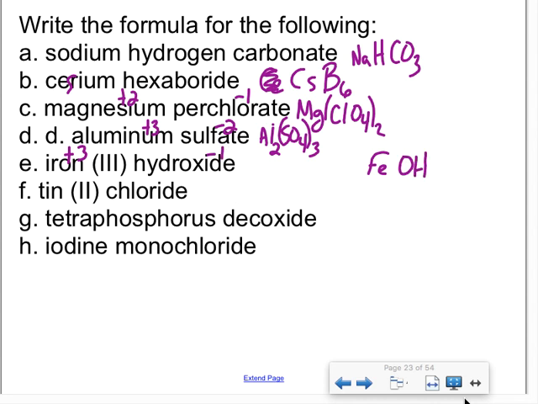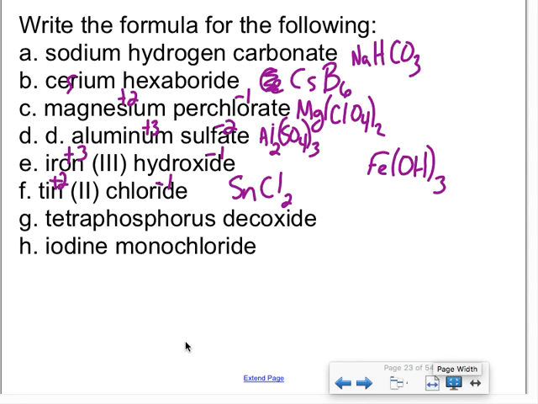So how many hydroxides do I need? 3. I'll put that in parentheses and I'll put 3. Tin 2 chloride, charge on tin? Plus 2. Charge on chlorine? Negative 1. So tin is Sn. How many chlorines do I need to get to 2? 2.